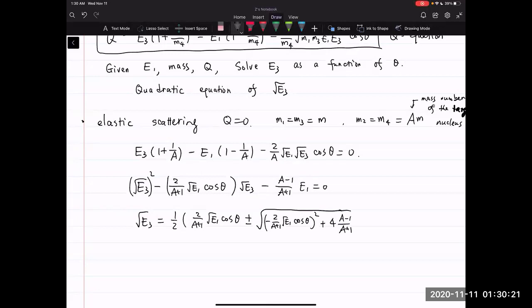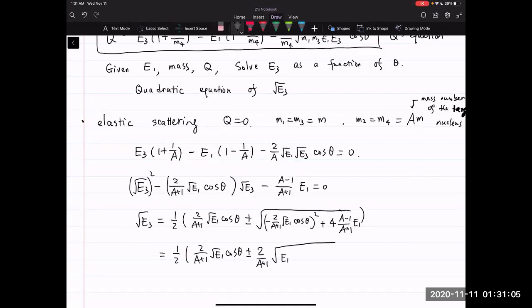Okay, now we can simplify this a little bit. Taking the second term, we'll have 2 over A plus 1, square root of E1 cosine theta, plus or minus. Here we have a factor of 4, so we factor out a factor of 2, and we get a factor of 1 over A plus 1. And then the remaining inside the square root, oh, I forgot about E1 here. So we get E1.